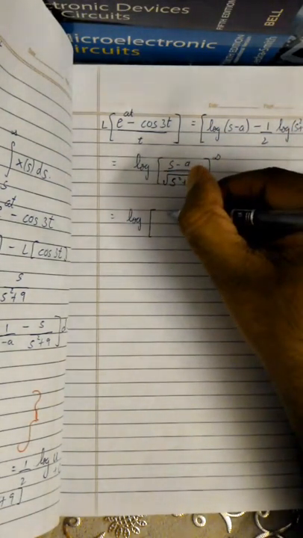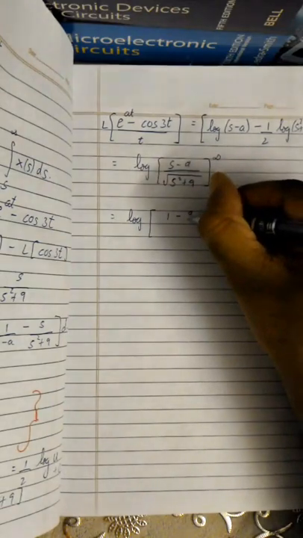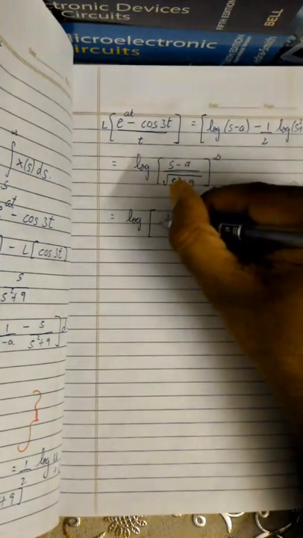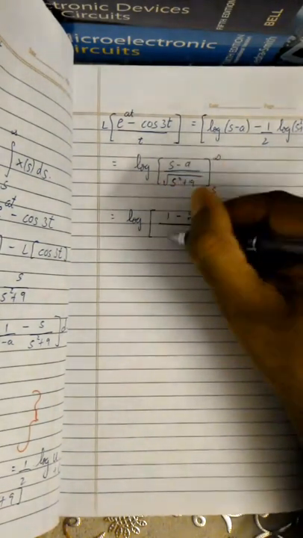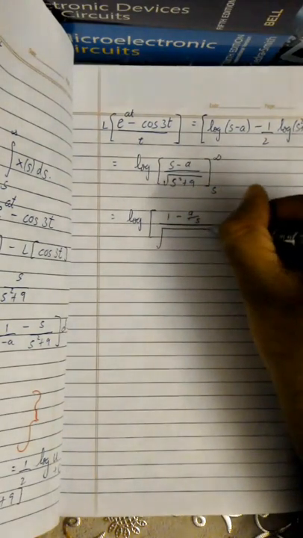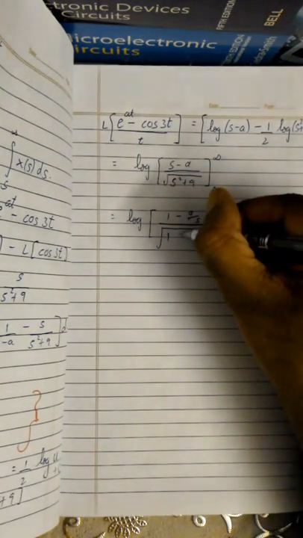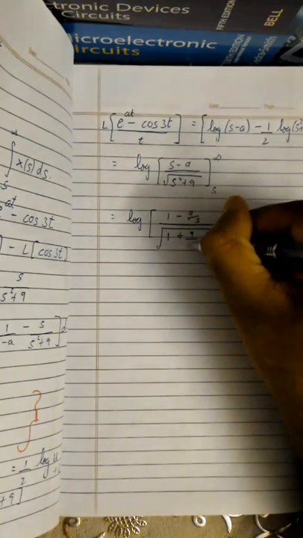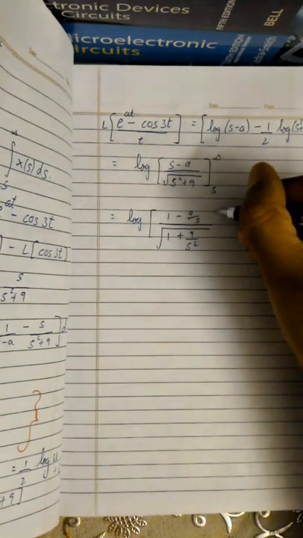So I will get log of 1 minus a by s, by root of 1 plus 9 by s square.